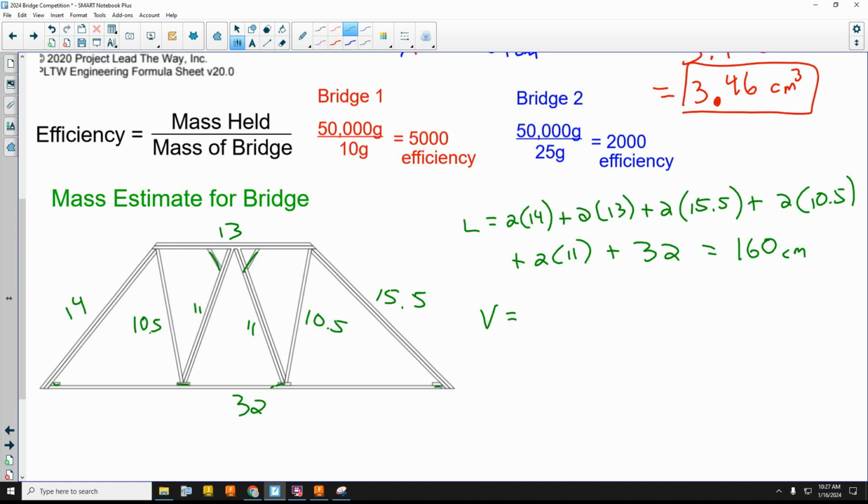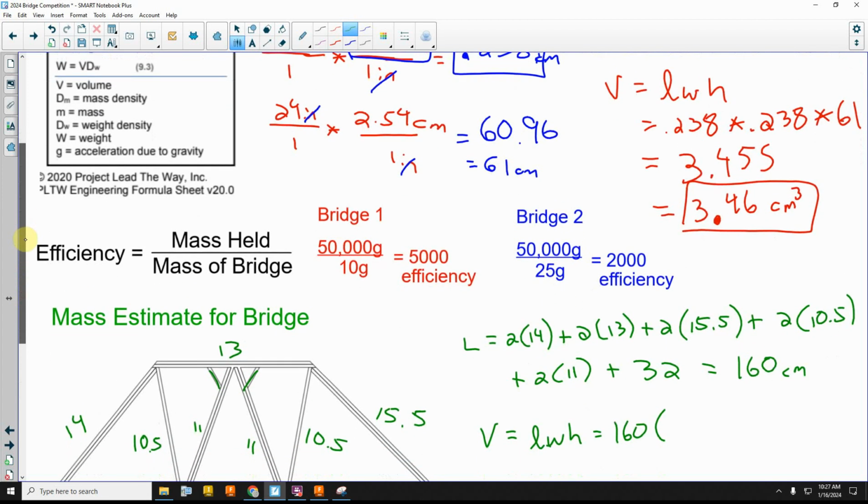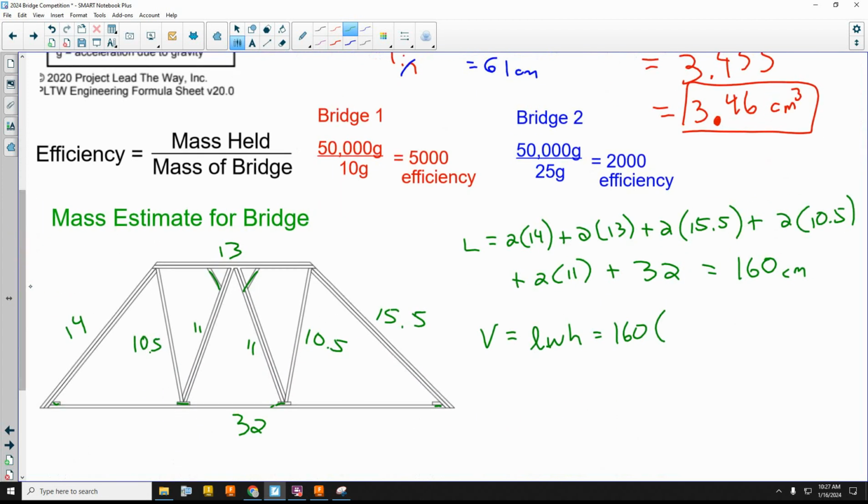So then the volume would be length times width times height, which I've got 160. That's the length of all my pieces. And then my metric was 0.238. And I'm not worried about the little triangular cutoffs. This is just going to give us a pretty good estimate.